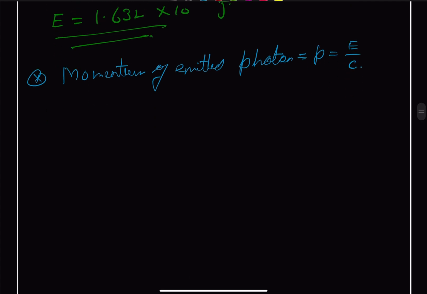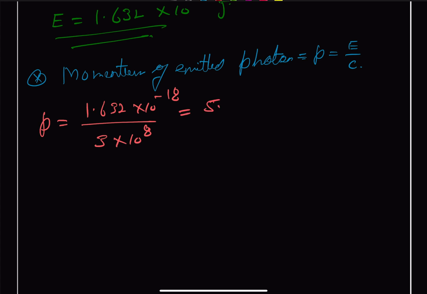So we get P is equal to 1.632 into 10 to the power minus 18 divided by 3 into 10 to the power 8. This gives us 5.44 into 10 to the power minus 27. And this will be equal to mass into velocity.